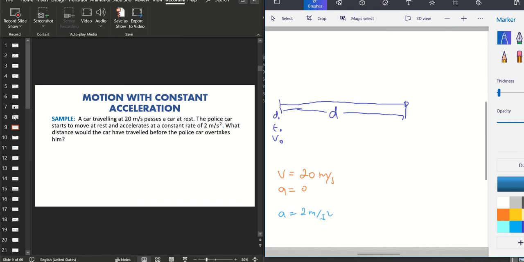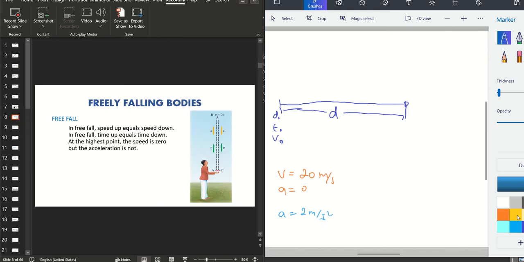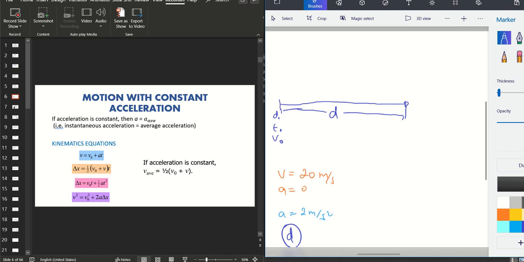Okay? Now, first we look at, what are common? Ano yung common sa dalawa? Ang common sa dalawa is yung kanilang distance. Okay, yun ang common. Kasi dun sila nagkabulan. Now, looking at the formula, ano yung may distance?